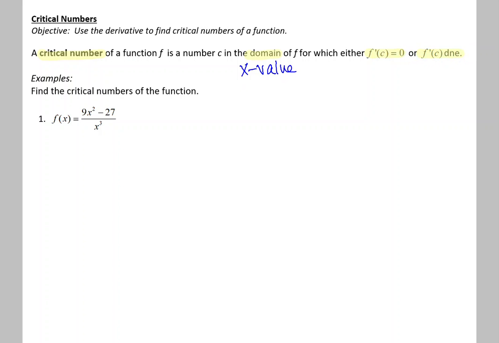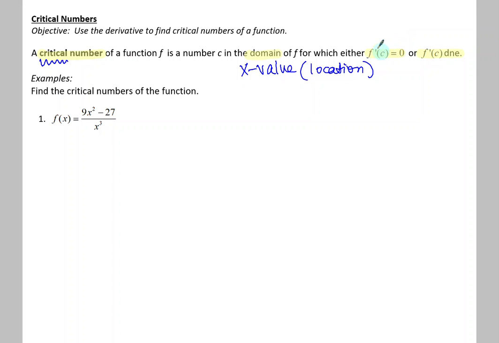I like to think of critical numbers as where something critical happens. Again, where it happens. It's an x value, which means it's a location of something critical happening. Remember that we often have something critical happening when the derivative equals 0 or the derivative doesn't exist, because that's where we often find local maxes or mins.